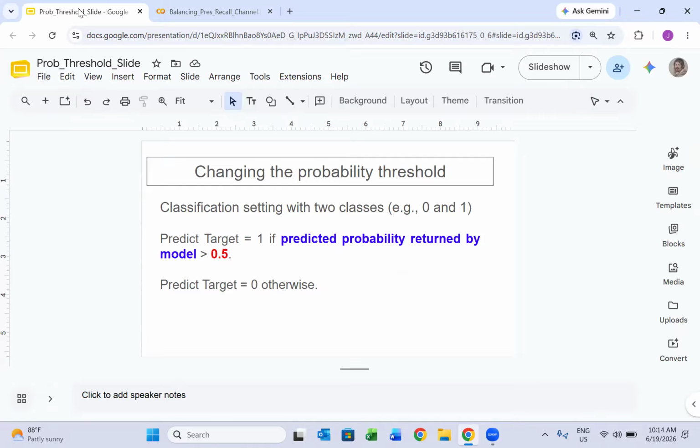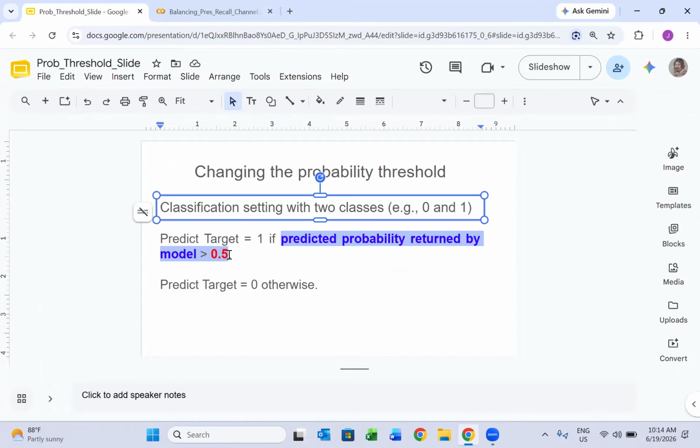In any classification setting, this is what happens when it comes to making predictions. That inequality right there is evaluated for each observation to be predicted. So if the predicted probability returned by the model is greater than 0.5, then the observation will be predicted to have class 1. Otherwise, it will be predicted to have class 0.